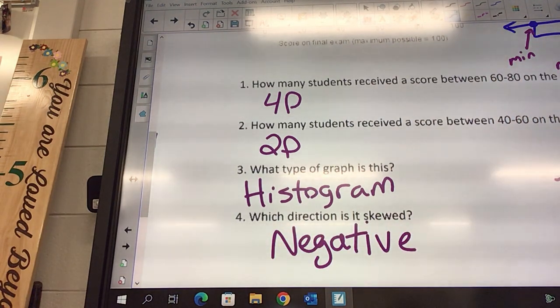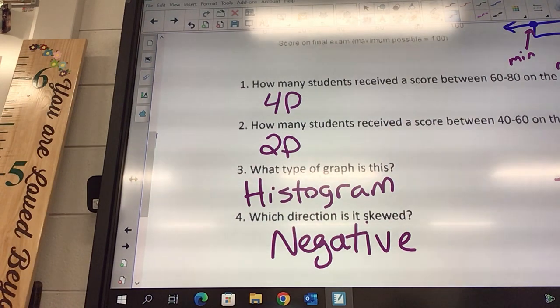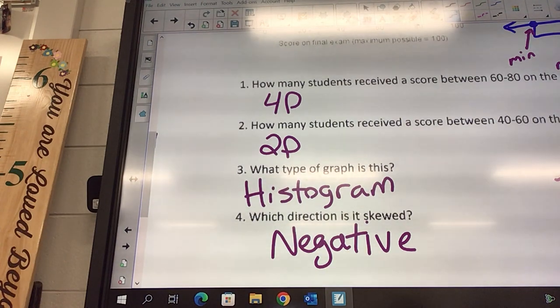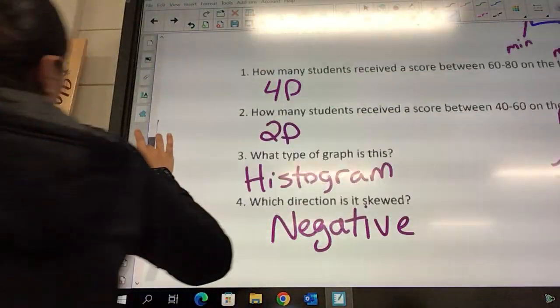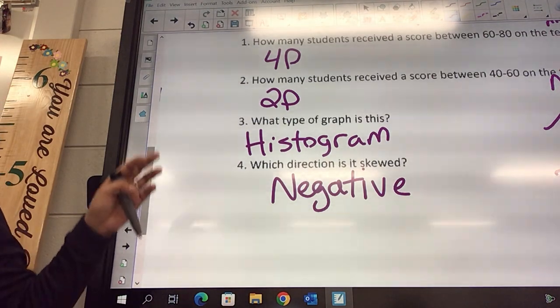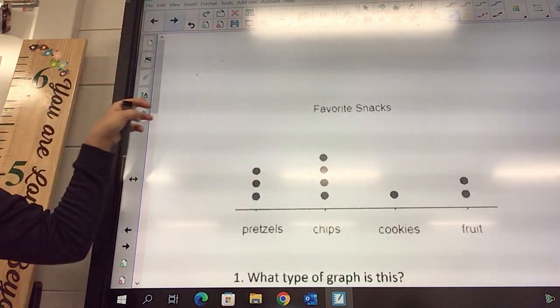Okay, so this one is skewed negatively. I'll come back to this one if you need it in just a second.